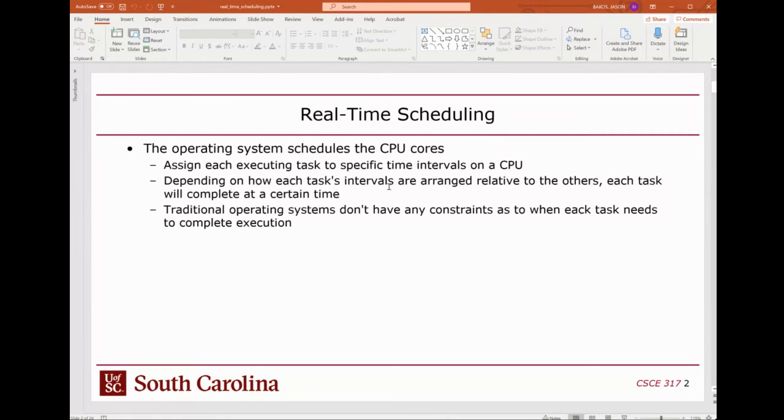In general, user tasks usually have the same priority. You can change the nice level, you can change the priority, but generally tasks have the same priority, and you just want to be fair. You don't want any task to starve another task, but there's no guarantees on when they'll finish, right?